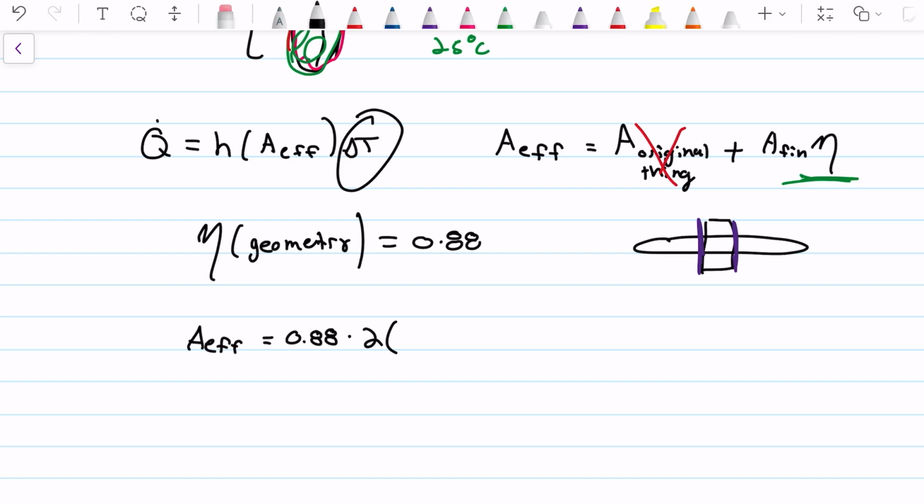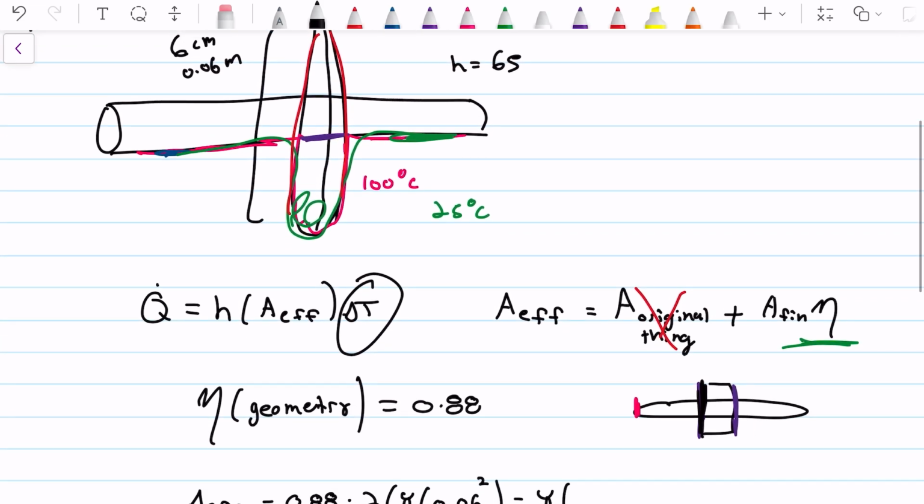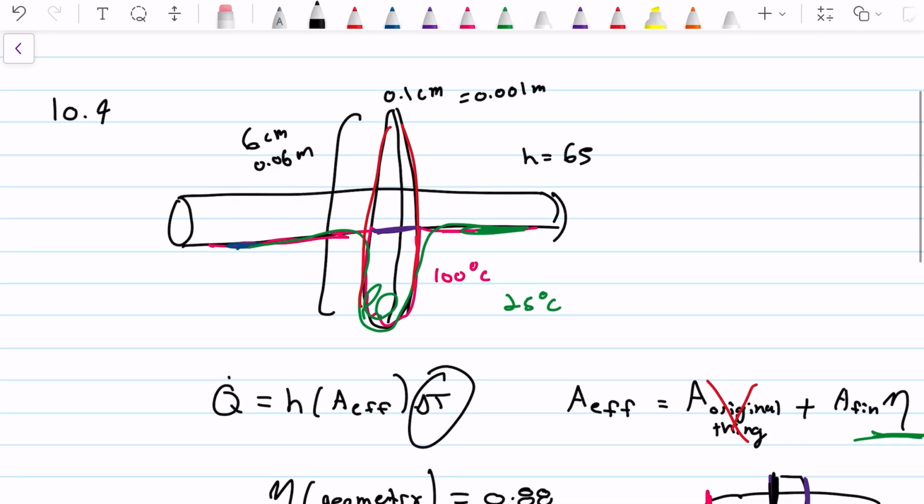So how are we going to do that? We know the area of a circle is pi r squared. So pi, the radius of this bigger one, the one I labeled purple there, was 0.06, and we're going to square that, because that's our radius. And now we want to subtract off the smaller ring. So that's going to be pi times, what did we say the smaller one was?